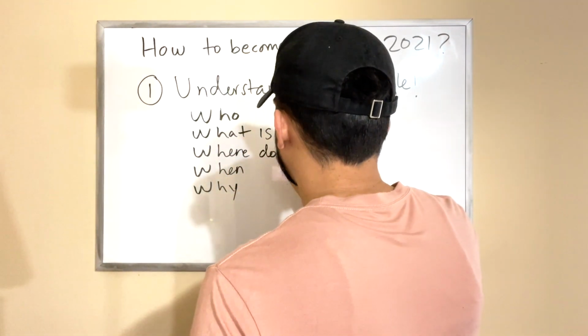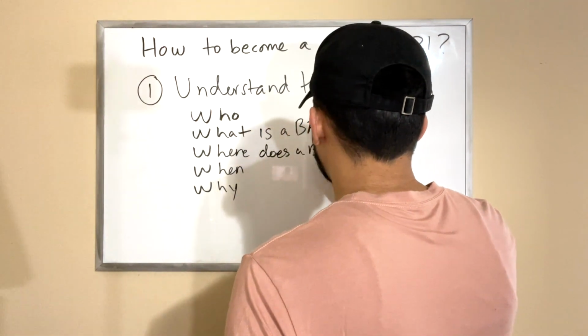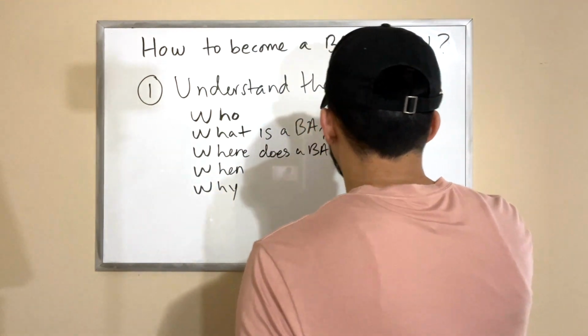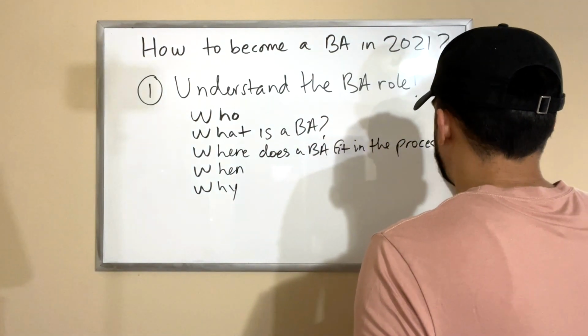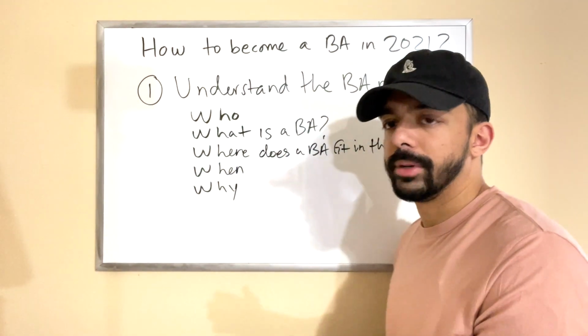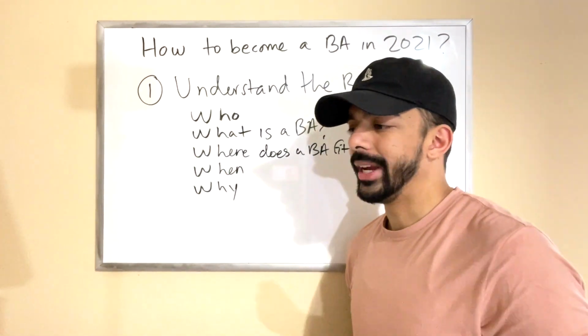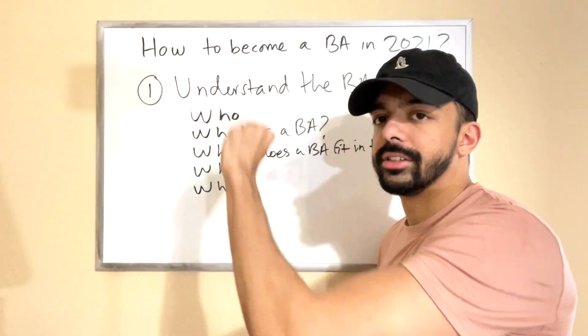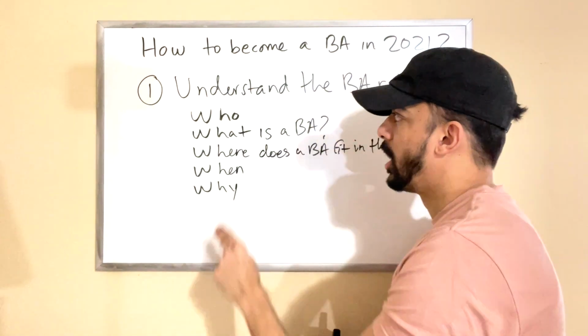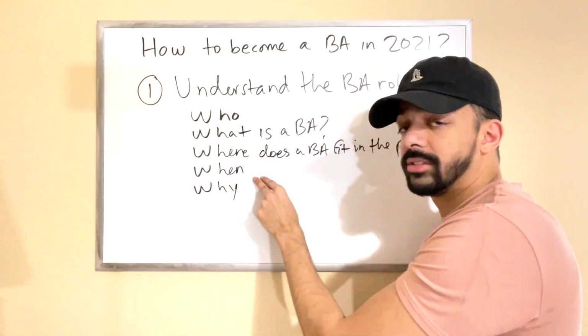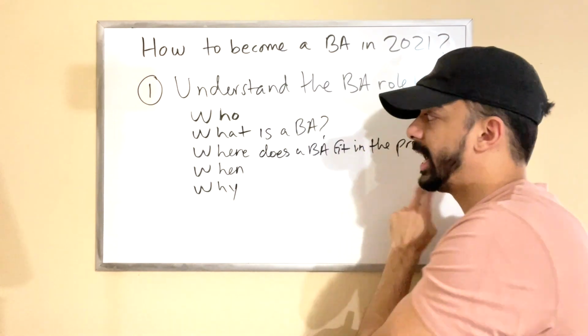Where does a BA fit in the process, right? Where does a BA fit between developers, between QA, quality analyst, a project manager? Where does a BA fit in all that? You have to understand that, right? Similarly, when do BAs play their role?